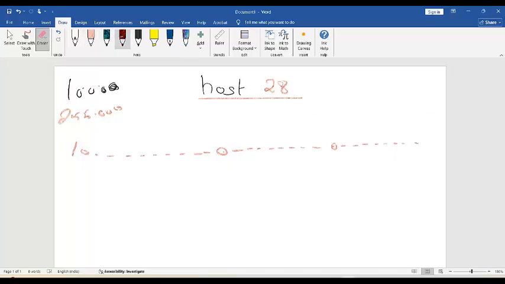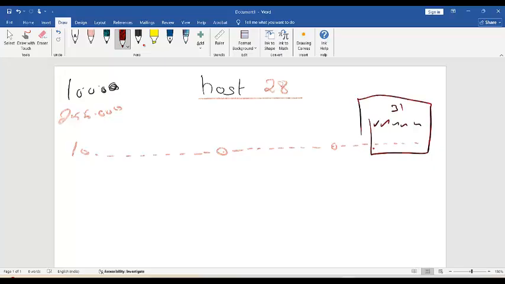So 28 is like 16 plus 8 plus 4 plus 2 plus 1, which is 31. Yes, this number of bits I need for 28 IP.